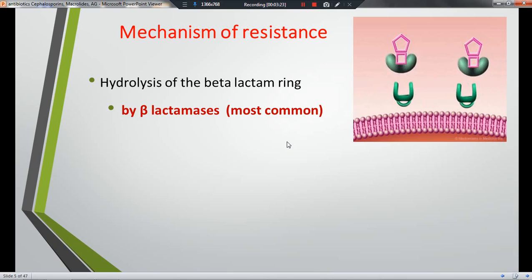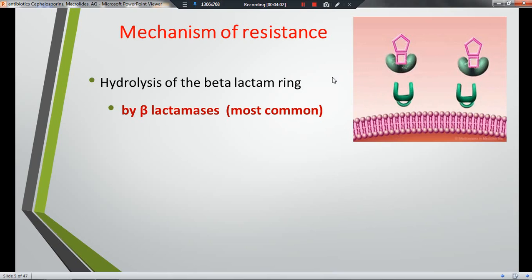For any bacteria, it either does not allow the antibiotic to get inside the bacteria, or it can inactivate the antibiotic with the help of inactivating enzymes, or it can pump out the antibiotic from the bacterial cell, or it can alter the target protein. So these are the different mechanisms by which the bacteria attains resistance to the antibiotic. For each bacteria, to each antibiotic, there will be one most common form of development of resistance.